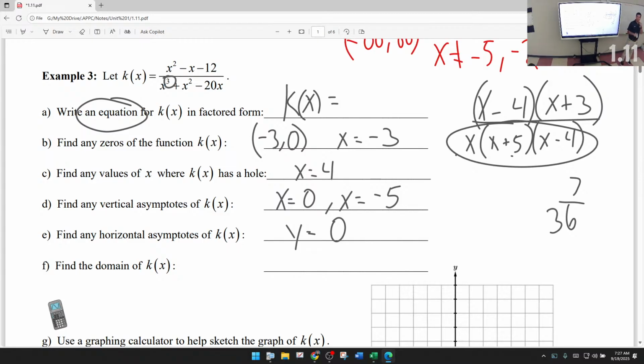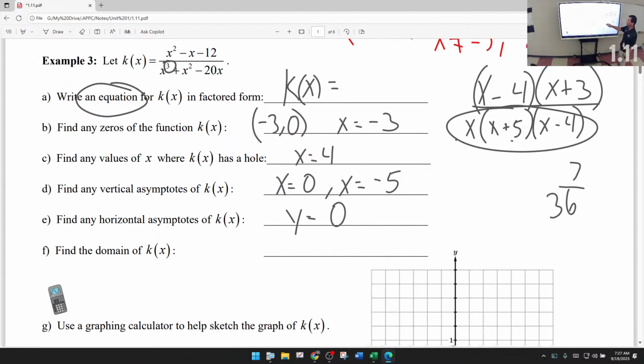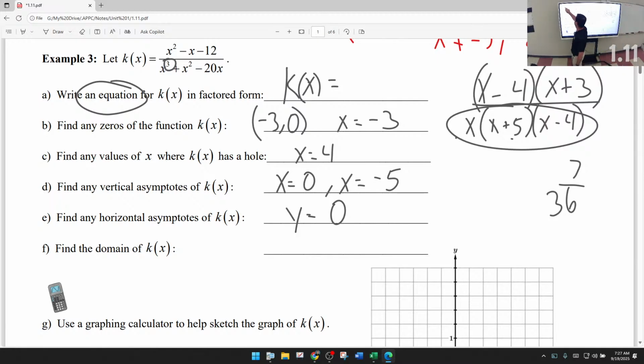I told you, I need to clarify. I was putting a notation with a different notation. So you can't go from negative infinity to infinity and say x cannot be 0, negative 5, or 4. You can't do that. This is interval notation. This is set notation, and you can't put set notation with interval notation.